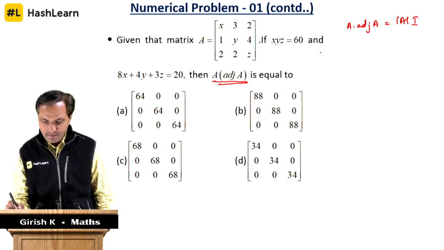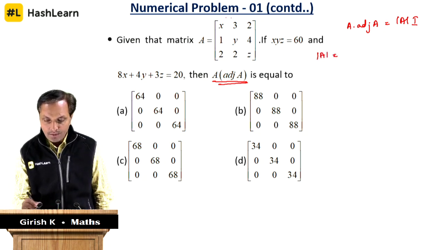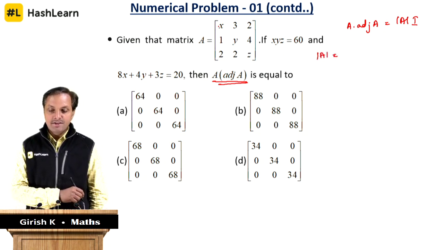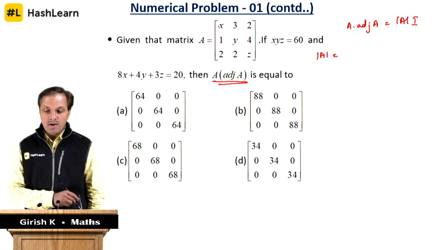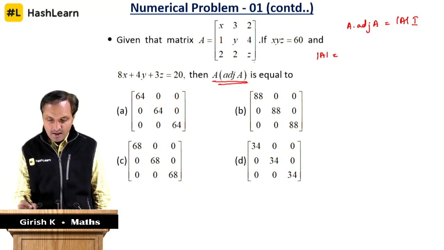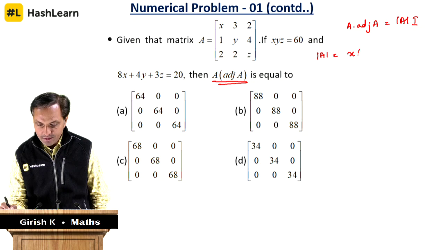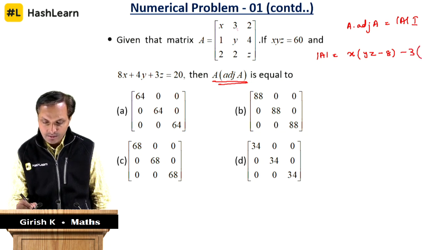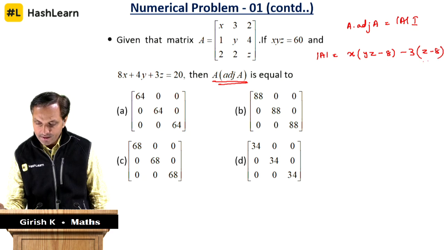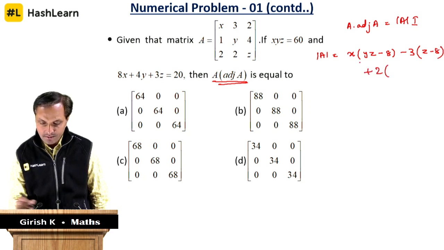So you take the determinant of the elements x, 3, 2; 1, y, 4; 2, 2, z. You will get x into (yz minus 8), minus 3 into (z minus 8), plus 2 into (2 minus 2y).